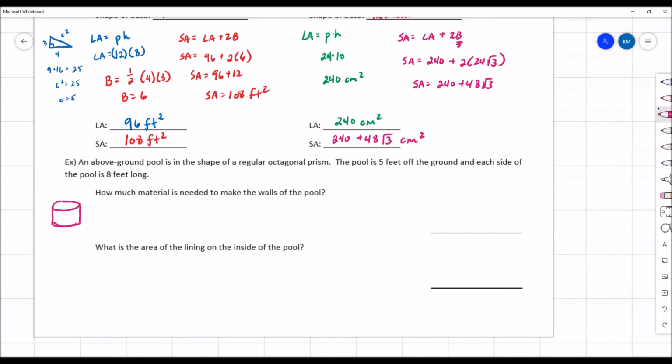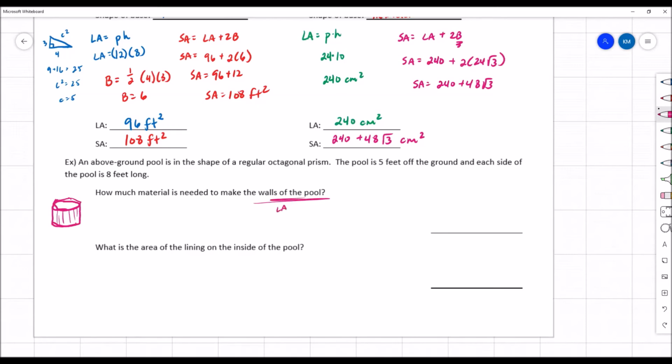Here's my cheating octagonal pool, because the important thing for us to know is that we need to understand what material we need to make the walls of the pool. So as we're thinking about the walls of the pool, we should say, where are the walls? The walls are going to be these sides. Basically, they're asking us to find the lateral area.